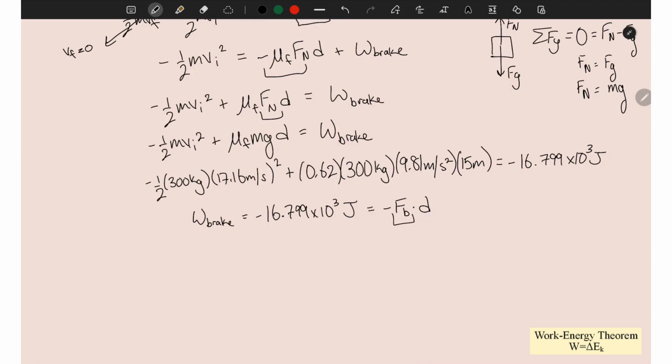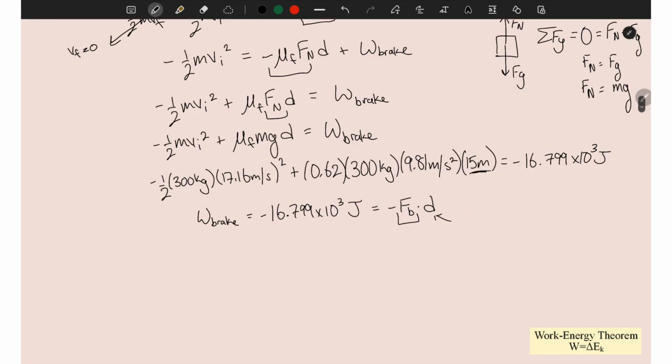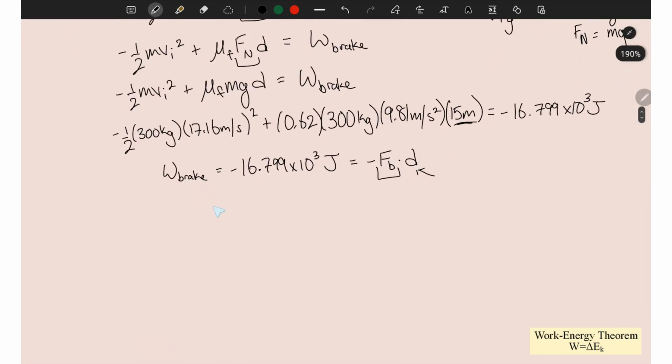So this is really what we want. We have the distance. This is still the 15 meters from before. So let's just quickly rearrange this. We'll get our F brake equals 16.799 times 10 to the 3 joules over the distance. Plug in that 15.